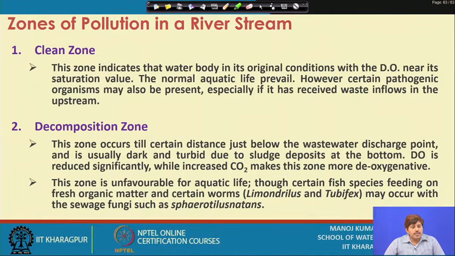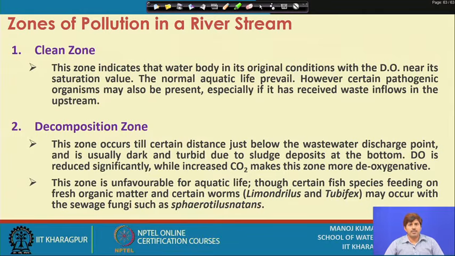Then the decomposition zone occurs to a certain distance below the wastewater discharge point. It is usually dark and turbid because a lot of waste is getting introduced. At that immediate point one can see a color change also. There could be sludge deposits at the bottom because a lot of solid materials and waste sludge also come along with the water, and they can get deposited.